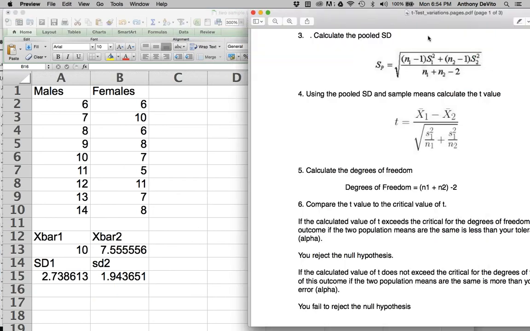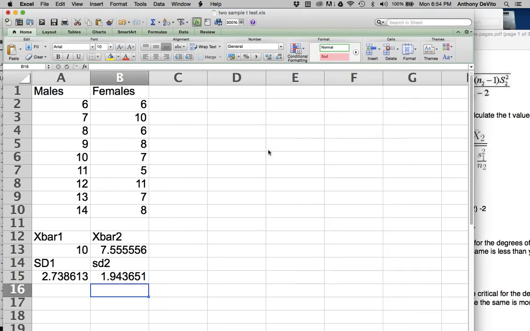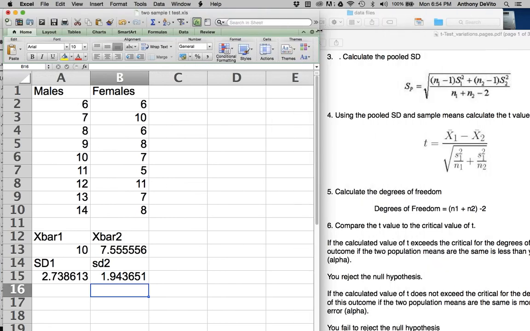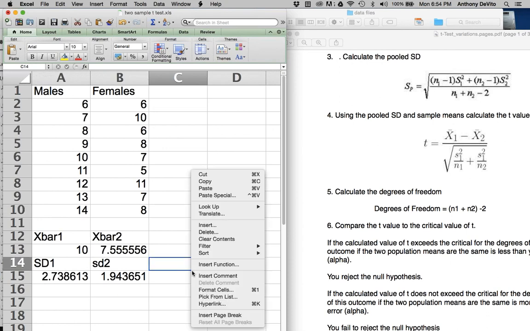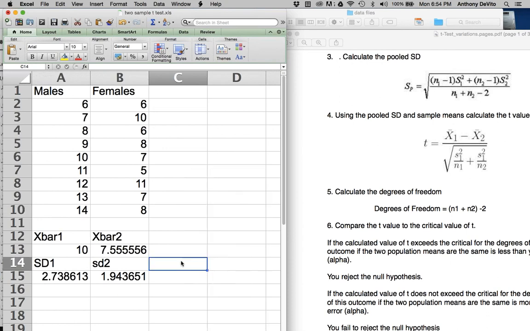All right, let's see if I can get these to show me both the formula and my spreadsheet at the same time. So I'm going to calculate Sp, the standard deviation pooled.